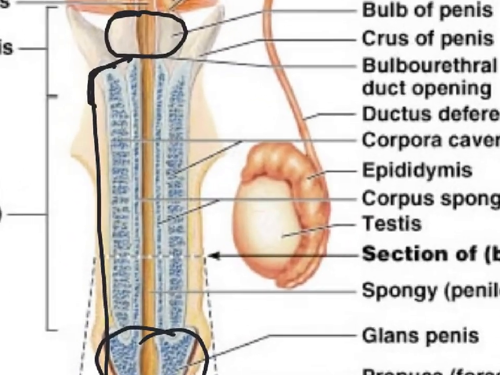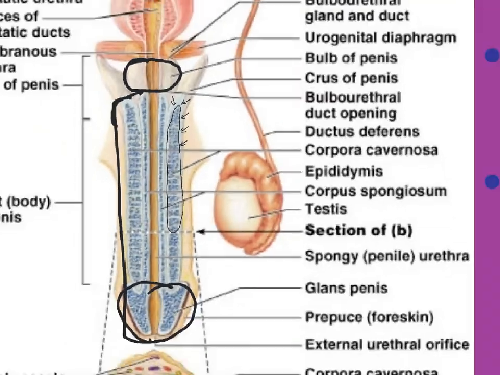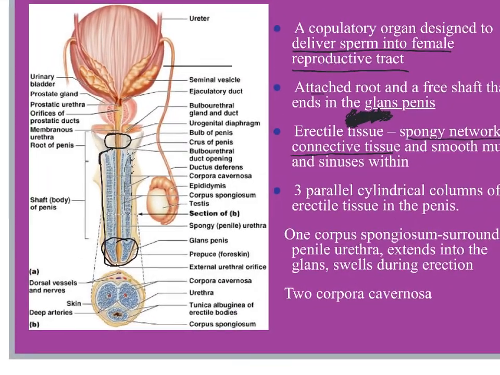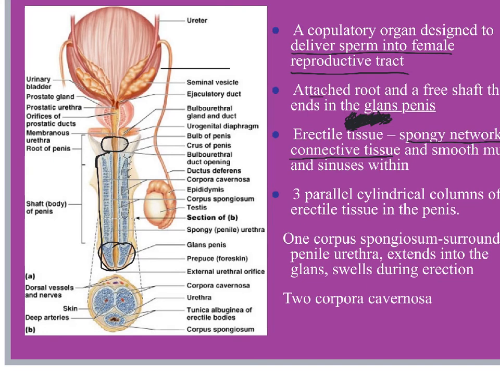So if we look here in blue, the light blue would be the more densely packed connective tissue. And then what you see on the inside, all of these darker blue spots, those are spaces where blood can collect. So let me tell you what the names of those are, and then I'll tell you what these erectile tissues do.